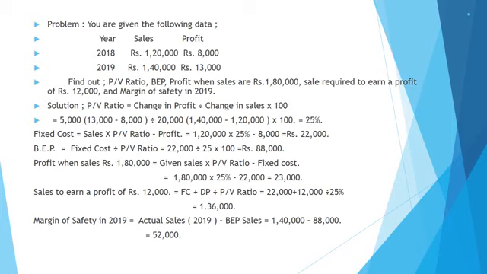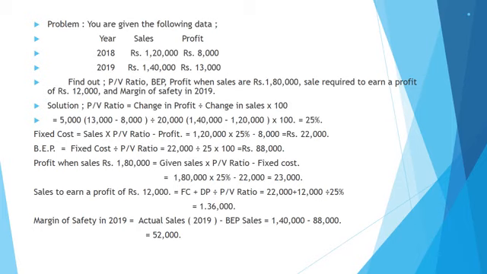To calculate BEP, we have to find out fixed cost, because fixed cost is not given in the problem. So fixed cost is equal to sales into PV ratio minus profit. Sales rupees 1,20,000 into PV ratio 25% minus profit 8,000 is equal to 22,000. 22,000 is the fixed cost.